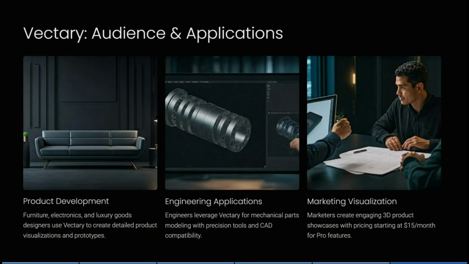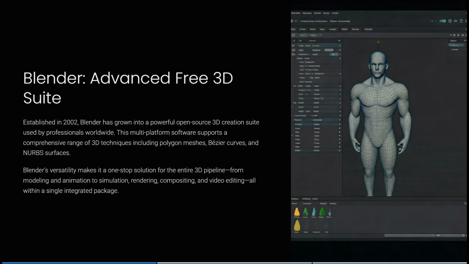Applying it to engineering applications, so engineers can actually leverage Vectary for mechanical parts modeling with a great deal of precision with their precision tools and CAD compatibility and market visualization. So marketers can actually create engaging 3D product showcases with pricing that starts at only $15 a month for their pro features. It's amazing.